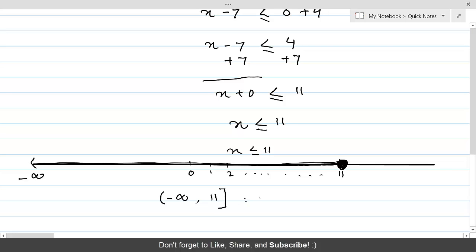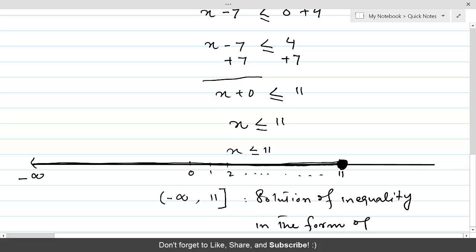So this is the solution of the inequality in the form of an interval here.